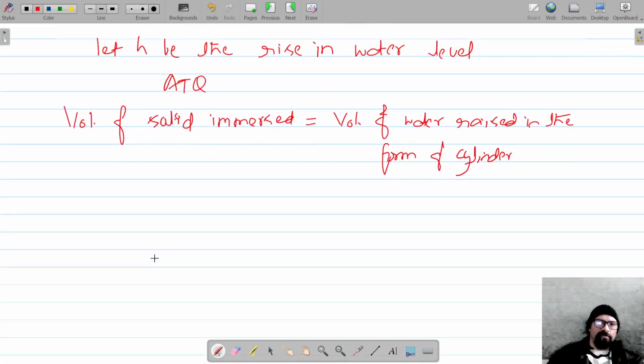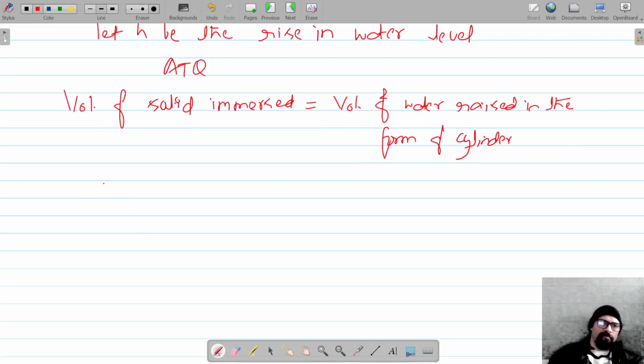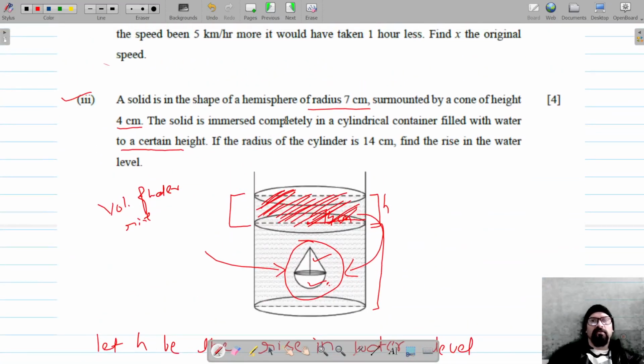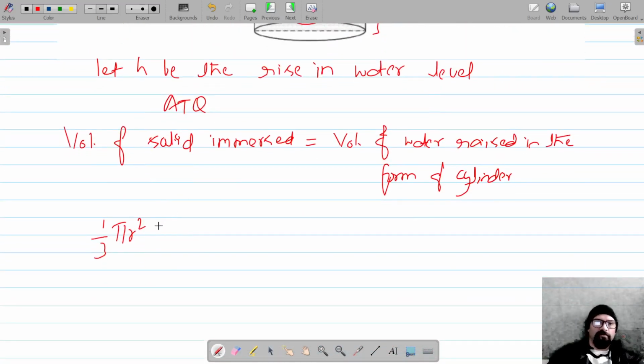So the volume of solid immersed: the solid is in the form of a cone and a hemisphere. So this is 1 by 3 pi r square h, where h is the height of the cone. So the height of the cone is 4 centimeters. Okay, let me write it here to make it more understandable.